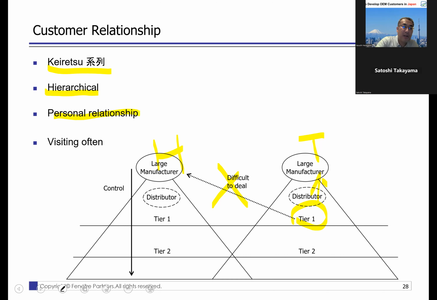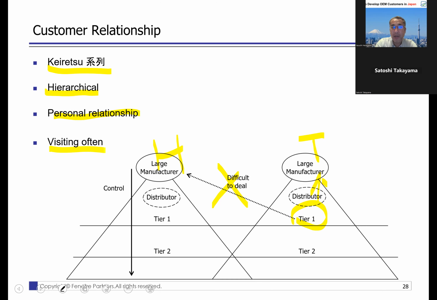And the personal relationship is very important. The most important thing is you have to make them feel safe, especially in the case of technical trouble. If they cannot trust you, they never place an order with you. And in the past, we were supposed to visit Japanese customers very often.